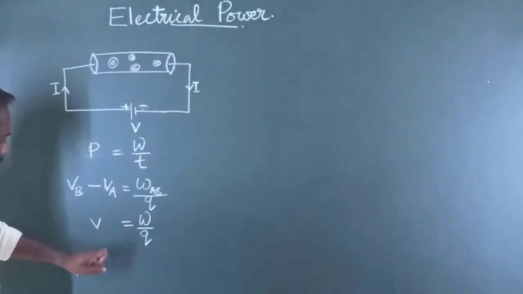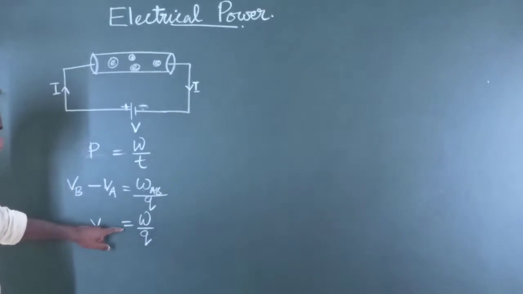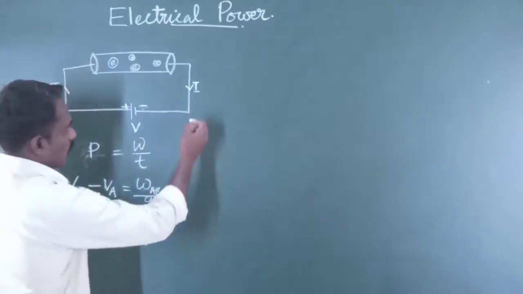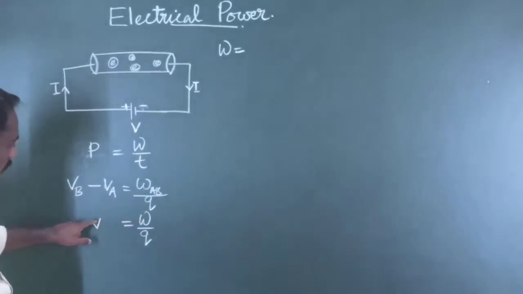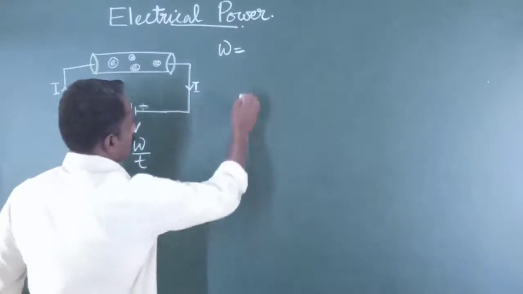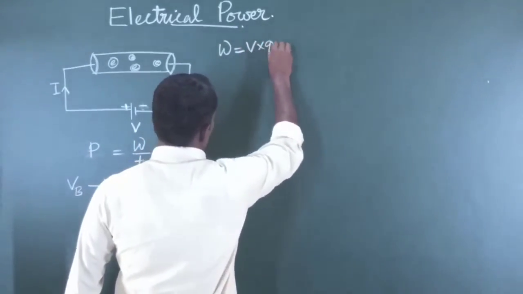From this equation we get the value of W: W is equal to V into Q.